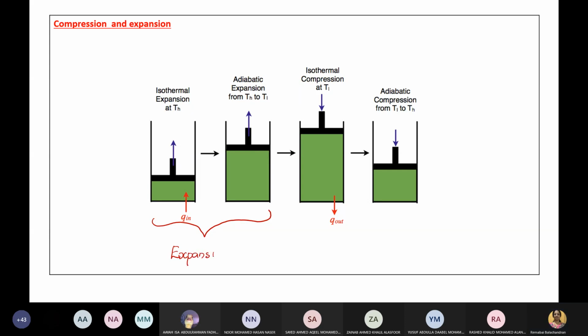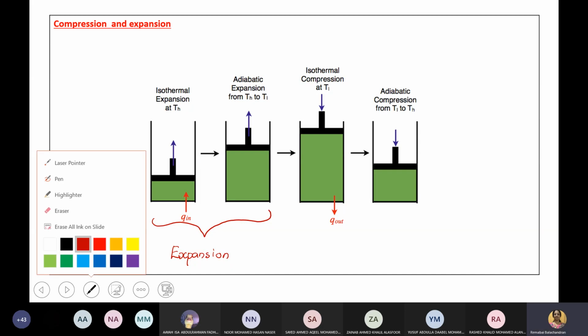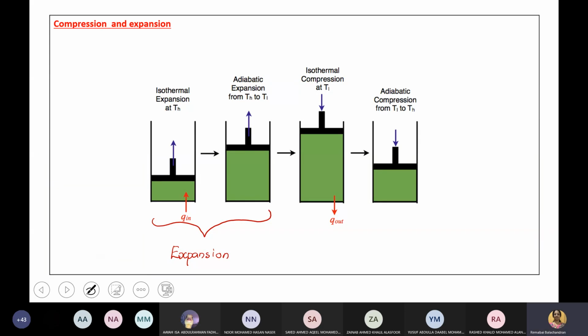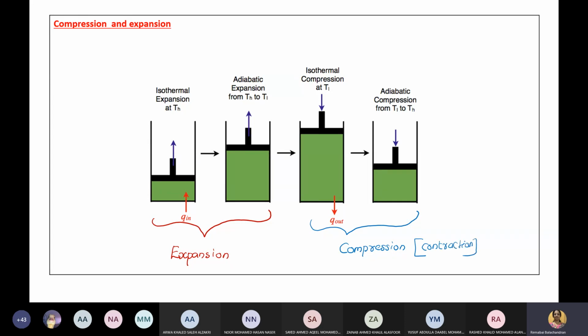See, look, this part is... Can you see what I wrote? What did I write? Expansion. Yes, sir. What did I write? Conversion.